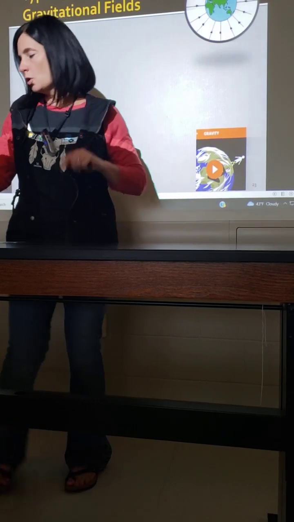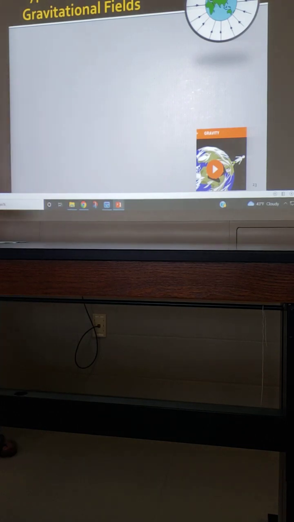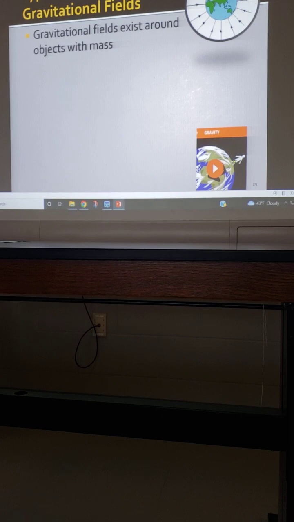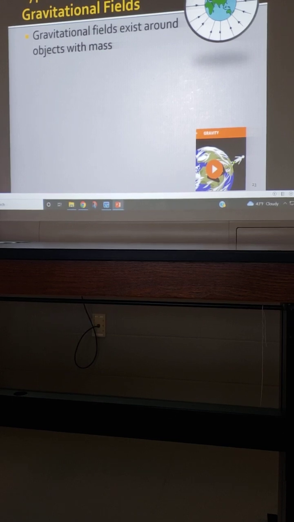Okay? So we are going to move into our third type of non-contact force, and these are the forces that create gravitational fields. Gravitational fields exist around objects with mass, which is why maybe a few of you were shouting out mass, weight.